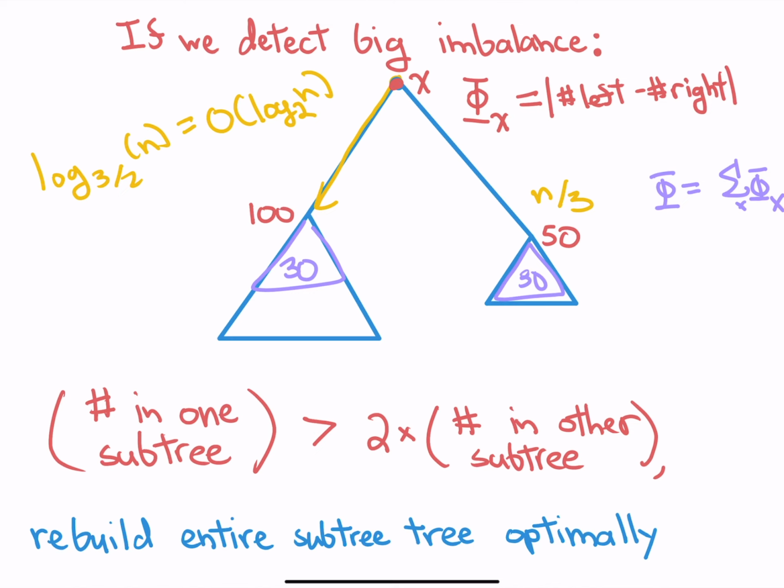If this gets really big, if one is twice as big as the other, then that potential function should be at least n over 3, where n is the total number of nodes down there. So when you rebalance, that potential will go from n over 3 to like 0 or 1. So you'll get back n over 3 points, and the n over 3 points can pay for the n time you need to rebalance the tree.